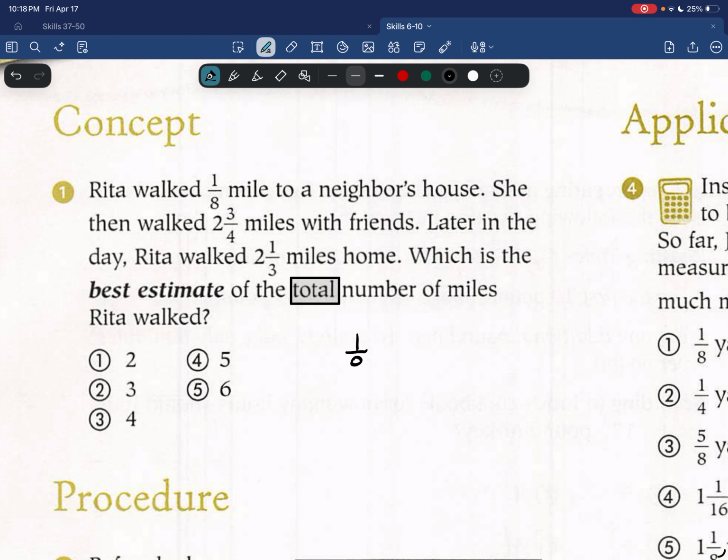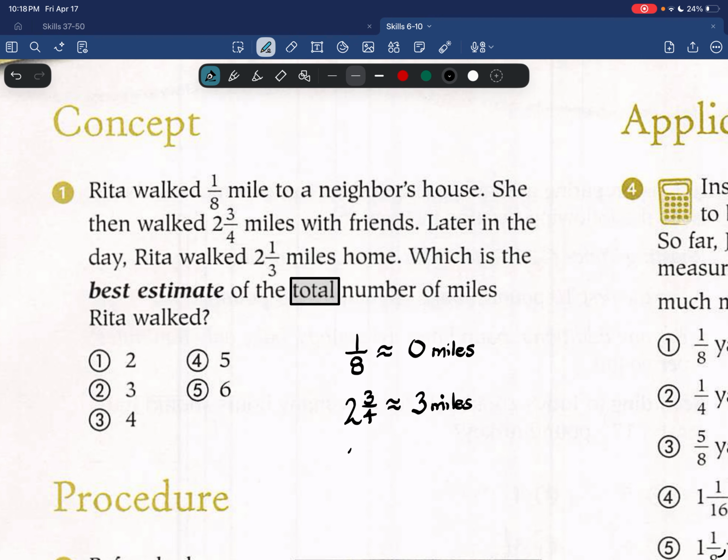So 1/8 of a mile is really not even enough to count. It's just a few steps. So I'm going to say, with respect to estimating, it's nothing. It's 0 miles. 2 3/4, that's 2.75. That is very close to 3 miles.